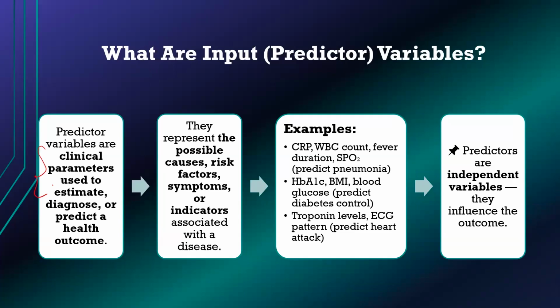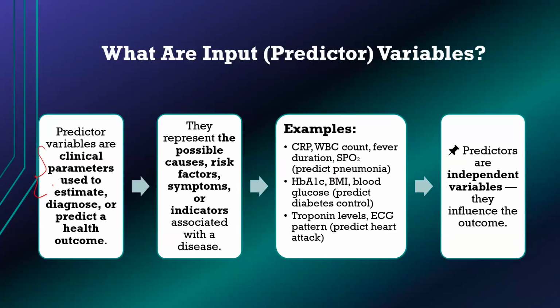They represent the possible causes, or the symptoms reported by the patient, or the risk factors reported, or maybe the indicators that are initially associated with the disease, reported through patient discussions, reports, or OPD summaries, etc. Everything will be synthesized for this, and the predictor variables are available from there.